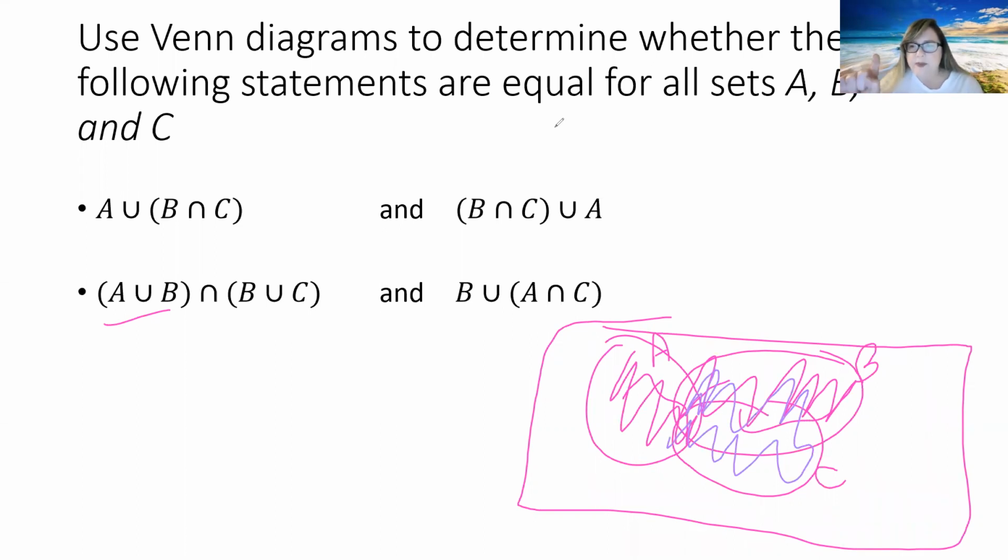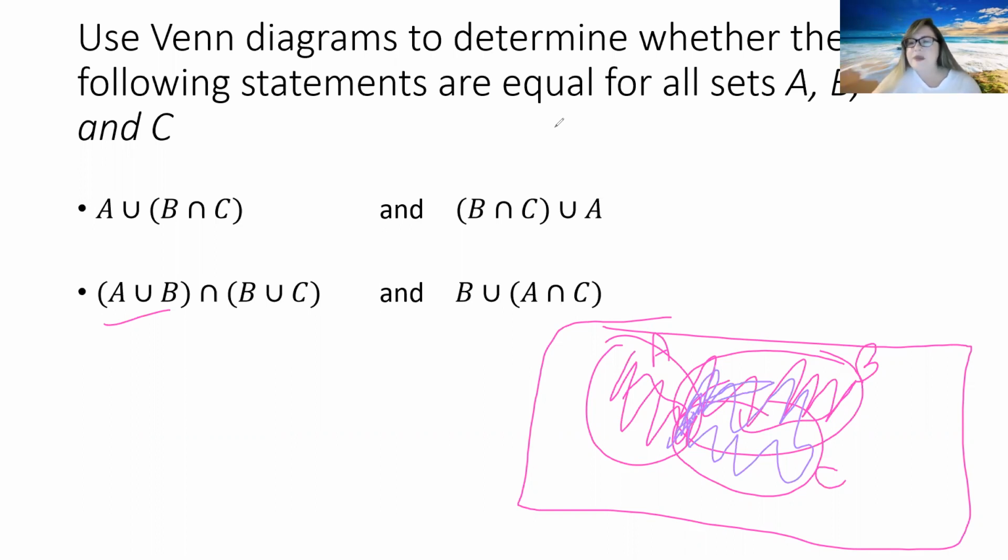The and is what the purple and the pink have in common, which is really terrible to see with all my scribbles. But we see that overlap happens right in here, right? Where our pink and purple is overlapping, that area in there.